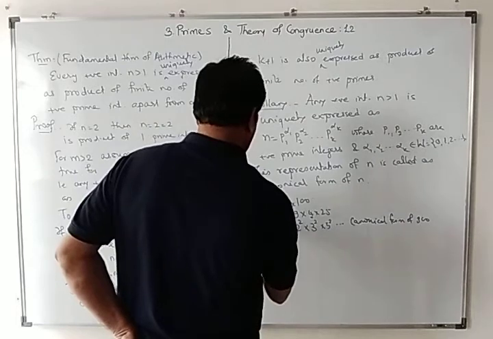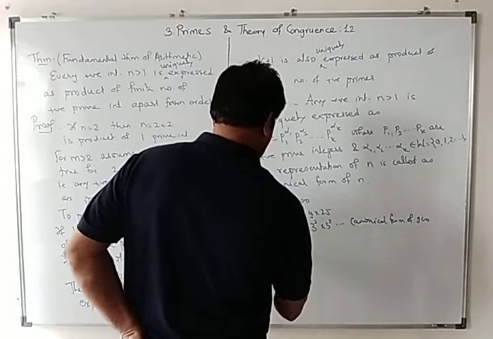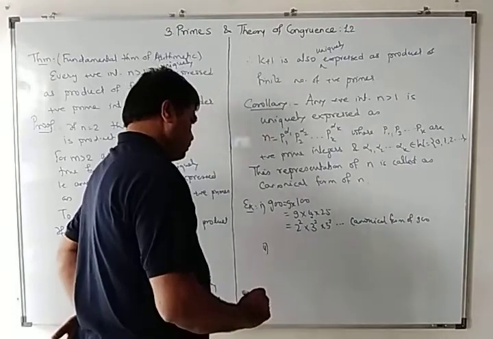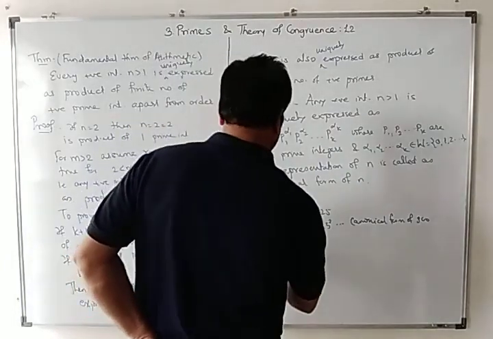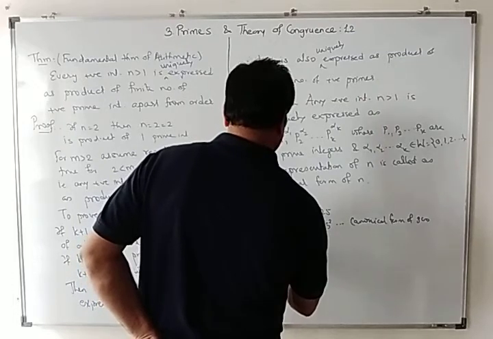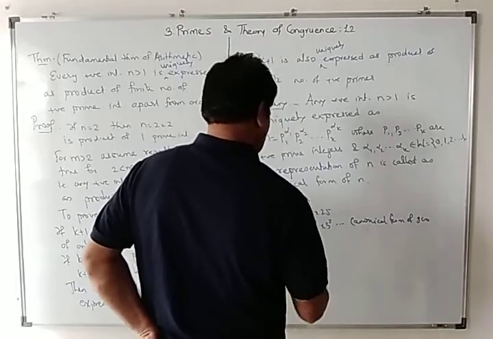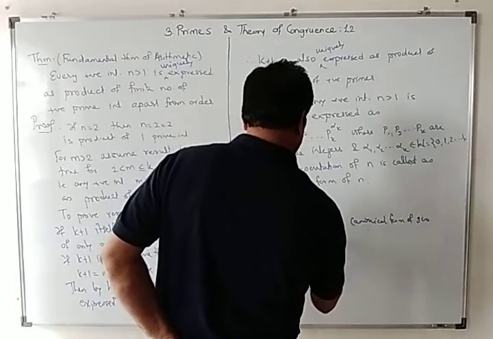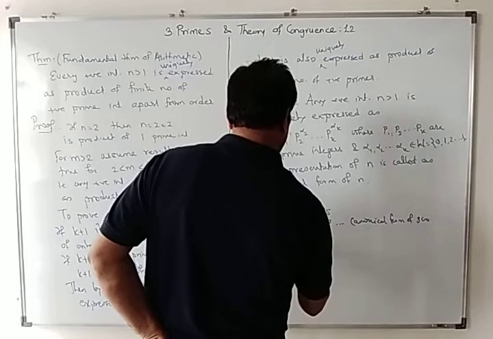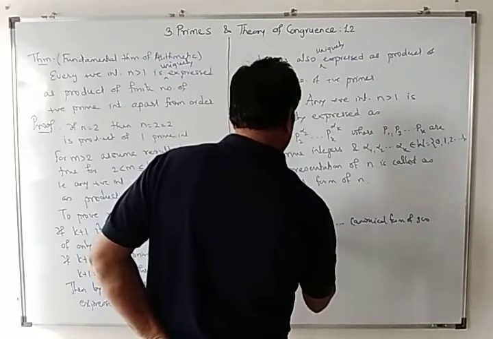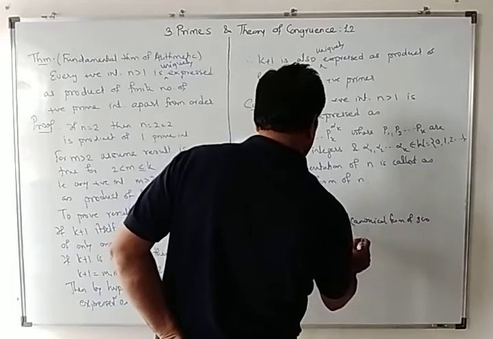Then if I take, say, some 7 cube into 900, this is some number. Then I write it as 2 square into some 2 again, then it will become 2 cube into 3 square into 5 square into 7 cube.